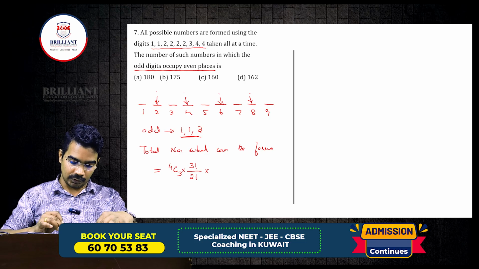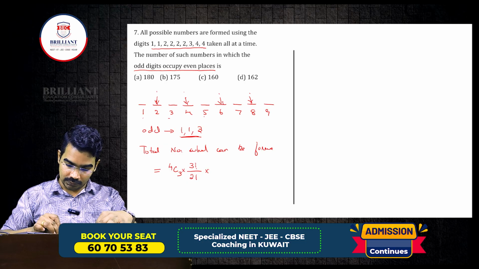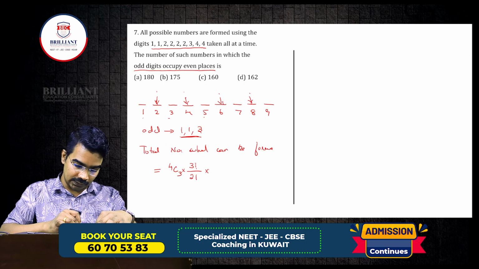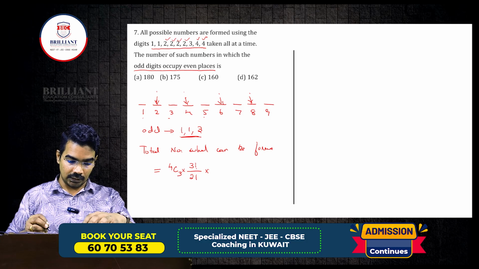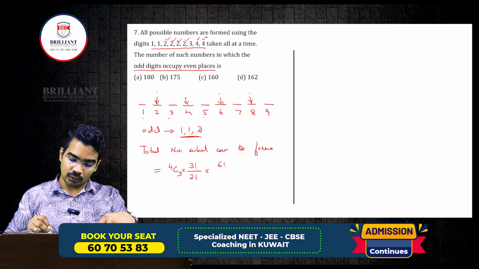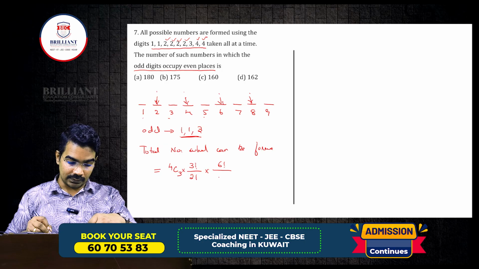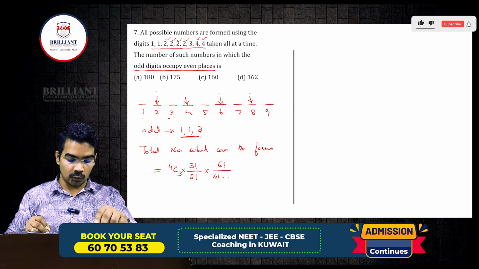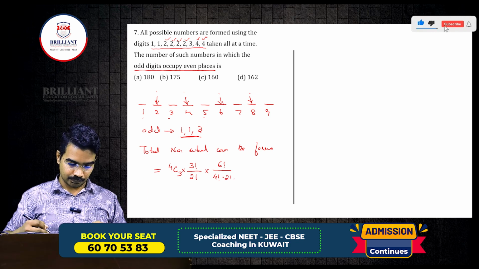Now we have to distribute the remaining 1, 2, 3, 4, 5 and 6, 6 digits into 6 slots. So it will be 6 factorial by, 2 is repeating how many times? 4 times. 4 factorial into 4 is repeating 2 times. So 2 factorial.